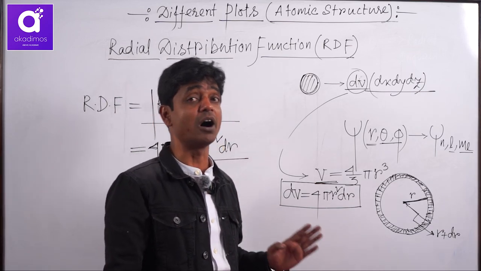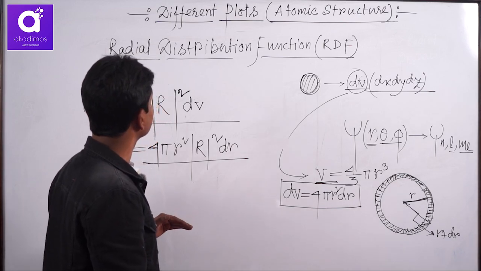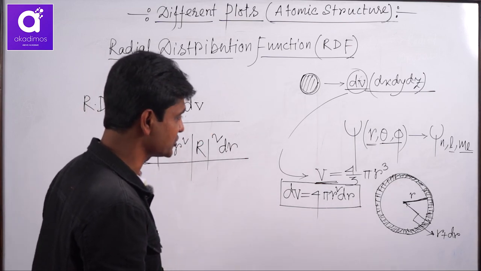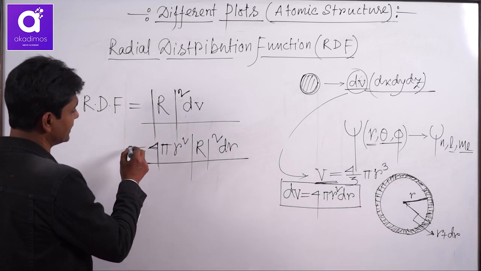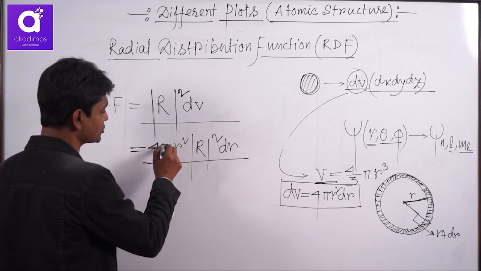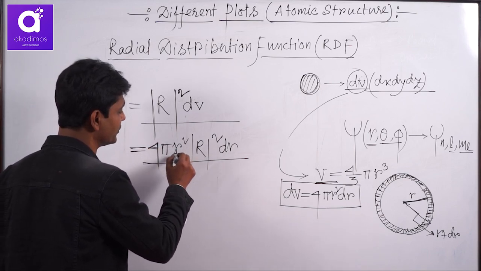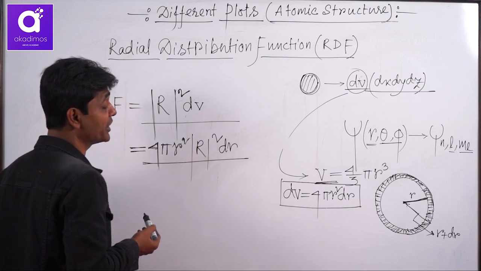This is an important part of atomic structure. Now I will plot this radial distribution function versus radius for different subshells or orbitals.